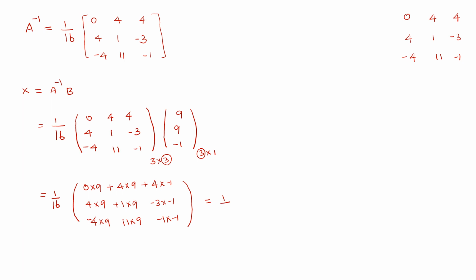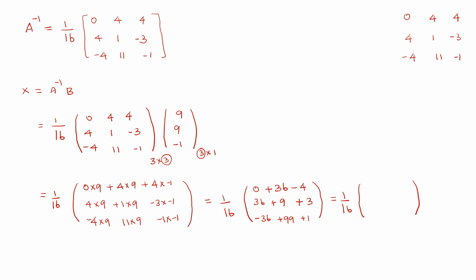So which is equal to 1 by 16 of 0 plus 36 minus 4, 36 plus 9 plus 3, minus 36 plus 99 plus 1. So you simplify, you can get the solution.